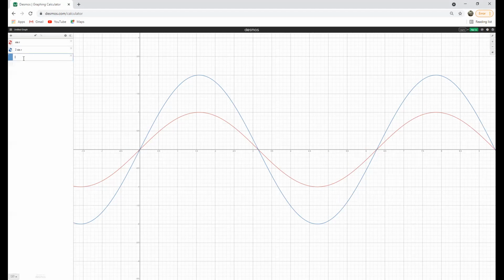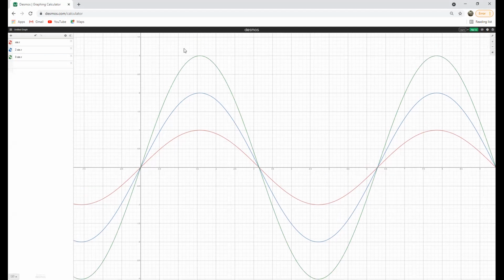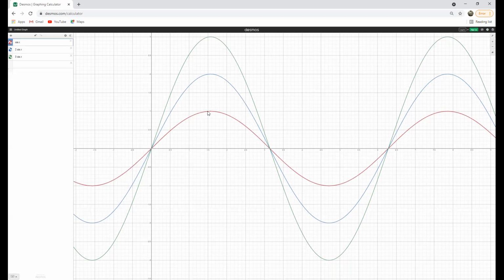What if I multiply that by 3? 3 sine x. Well, as you can see, your graph has changed in its range. The range of sine is between -1 and 1. This is the range of sine. The range of 2 times sine, the blue function, is between -2 and 2.